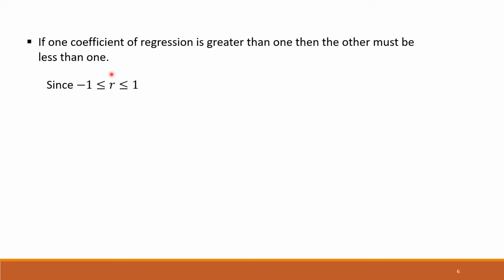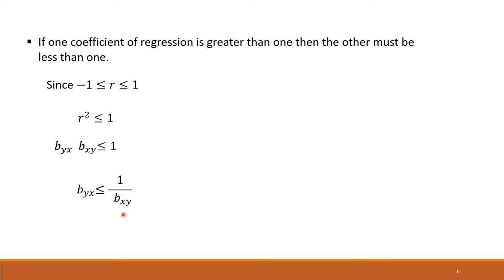So we know that R value or the coefficient of correlation always lies between -1 and +1. So that when we square this, we will get R squared to be less than or equal to 1. Now what is R square? We know it is equal to Byx into Bxy, which is less than or equal to 1. So we can write Byx is less than or equal to 1 upon Bxy.